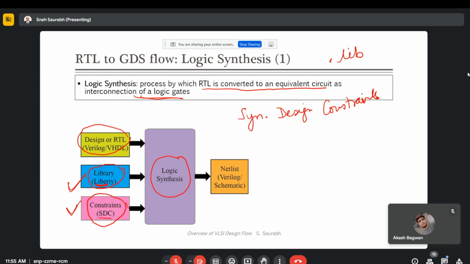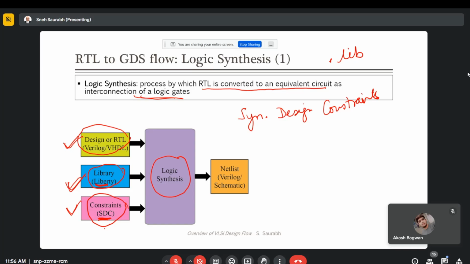Constraints mean at what clock frequency we want our circuit to operate, right? What is the nature of the signal which is coming inside our circuit? What is the nature of the signal which we want to produce, right? So these are the constraints which our design must fulfill. These design goals or constraints are specified in the SDC file, and these three are the major inputs.